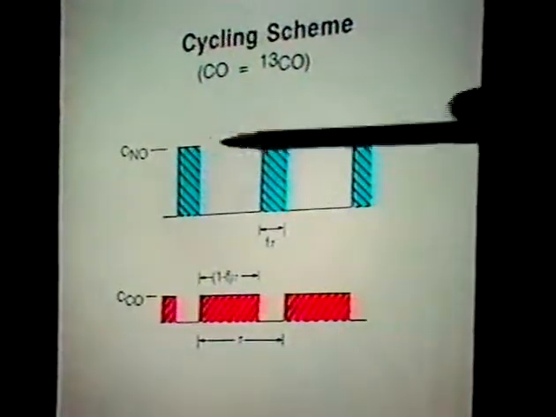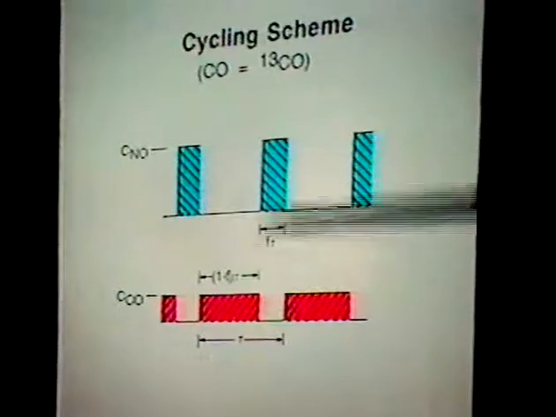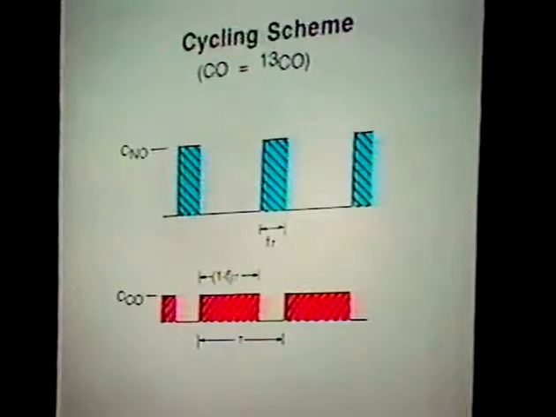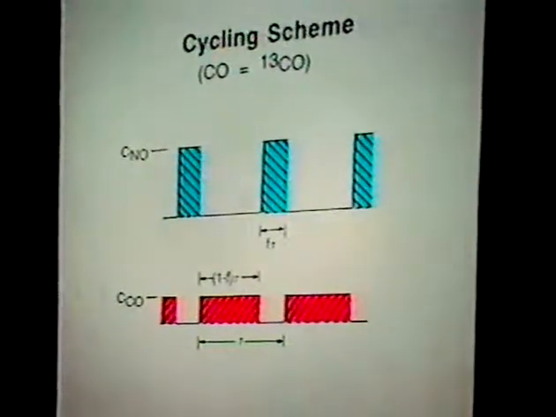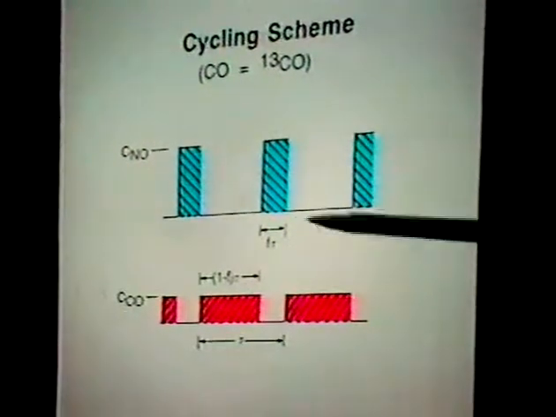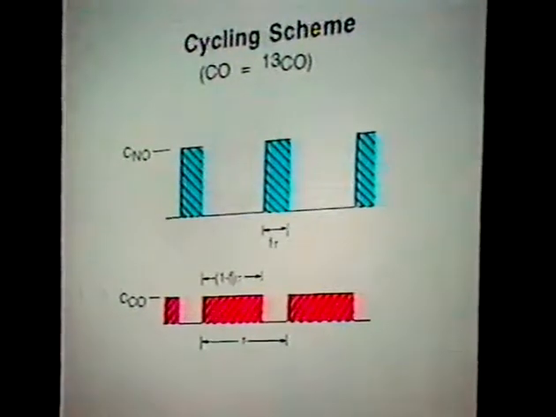The nitric oxide and carbon monoxide concentrations were 800 ppm. Even though we did symmetric and asymmetric cycling in general, my talk will be strictly on symmetric cycling today, in which case the duty fraction for the cycling operation, designated F, is 0.5.